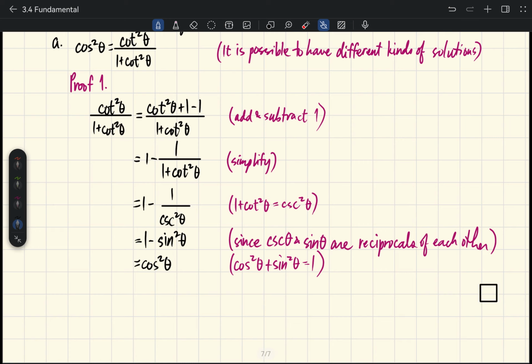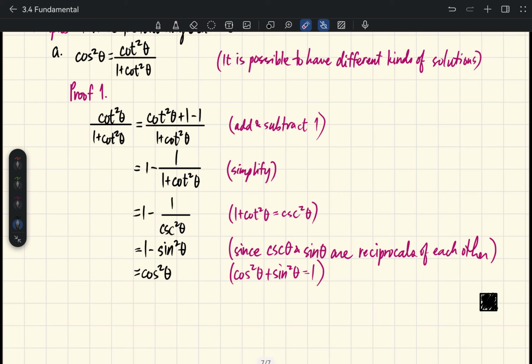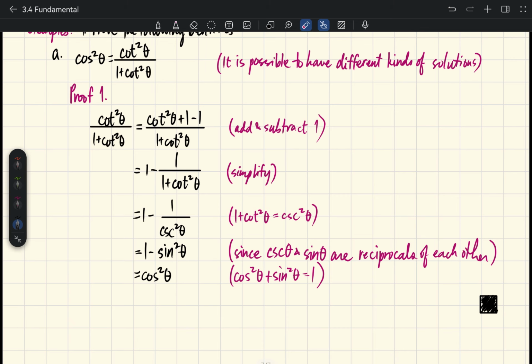I'm using this box to signify that we are done with the proof. So if you see me use this box again in future examples, that just means that I am done with the proof. So what did we do in this first proof? Basically, we added and subtracted 1 and used some identities that we know such as Pythagorean identities and reciprocal identities.